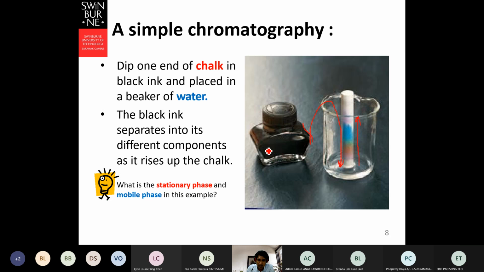It does not necessarily have to be water, it can be other materials or other liquids as well, but for this case it is water. And when it is going up along the chalk, it is bringing the pigments, and those pigments have different polarity.